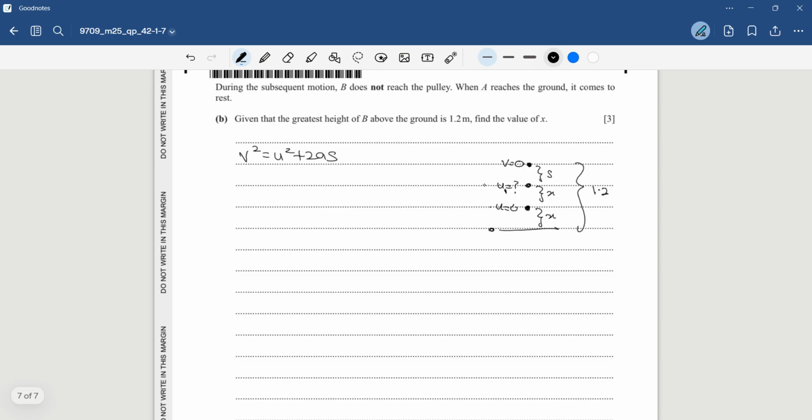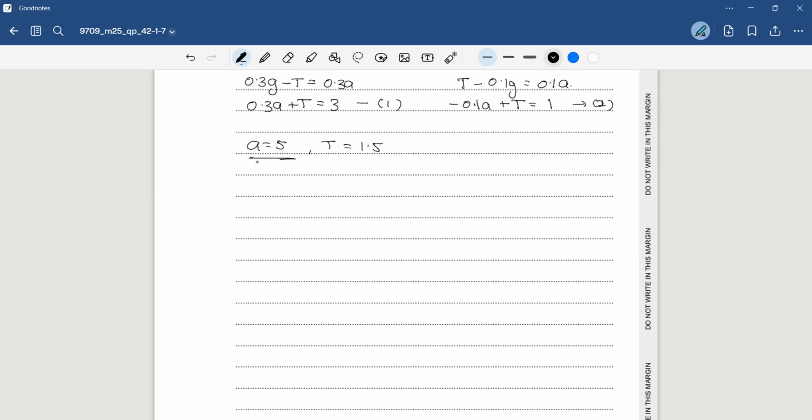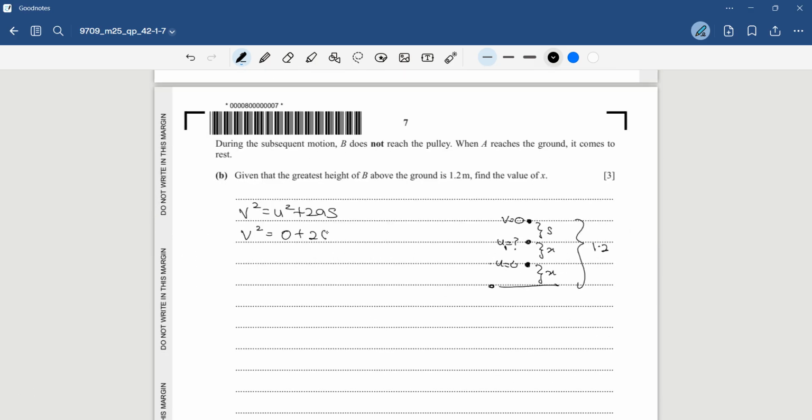Since the object is going up, I assume the upward direction is positive, so my a here will be positive. So v squared is equal to 0 plus 2 times my a, which I took from here, 5, and s is x. They move x units up. So my v squared will be 10x.